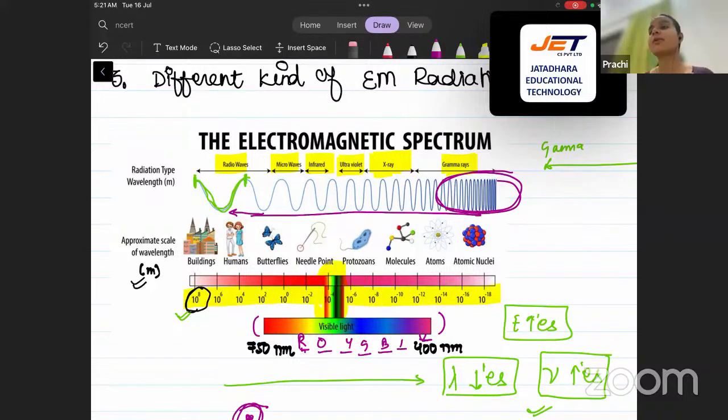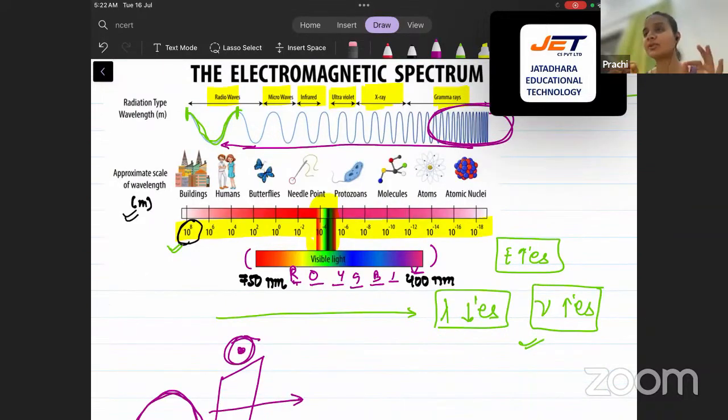Also, one important point, the direct memory questions that you can get in the exam is that they can ask you the range of the visible part of the spectrum. It can ask you in nanometer, angstrom, or meter.